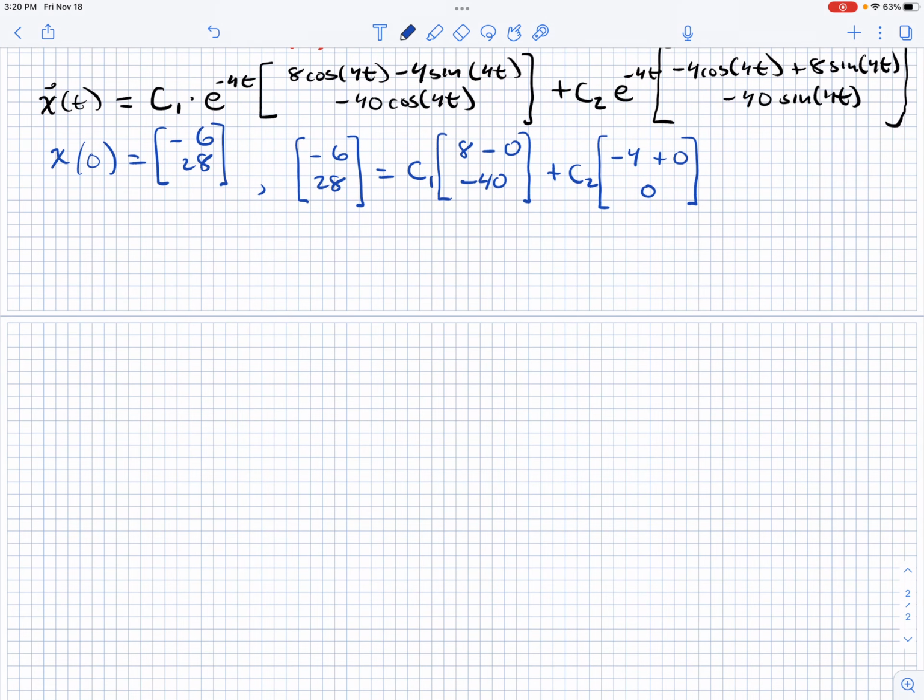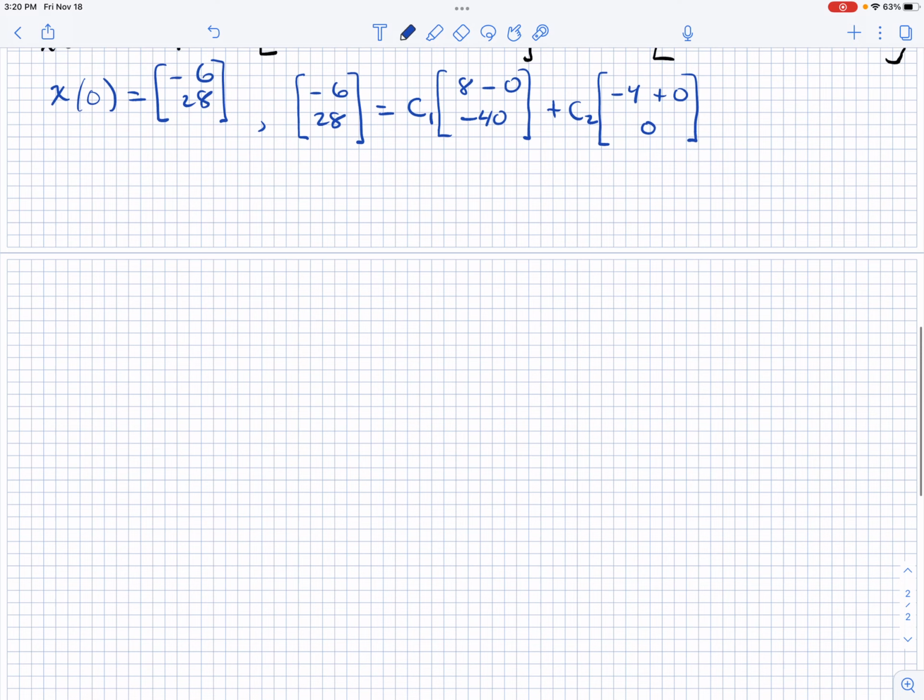That's nice, because now we will just have negative 6 equal to 8c1 minus 4c2, and 28 will be equal to negative 40c1.